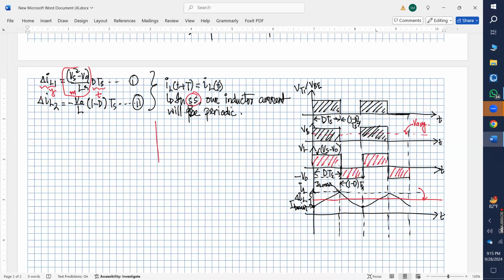Whenever you start the circuit, it will start from zero, but actually it will have a charging and discharging period, and then finally after some point, it will reach its steady state value. Okay. So we are considering this portion, not the initial part.